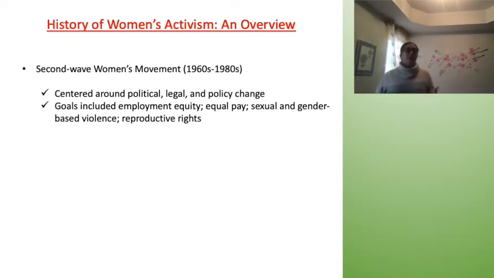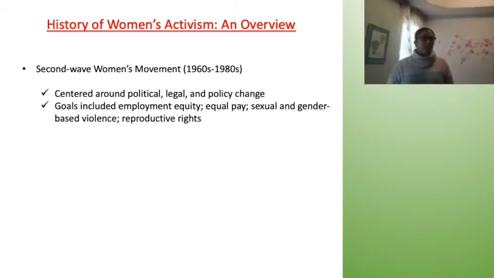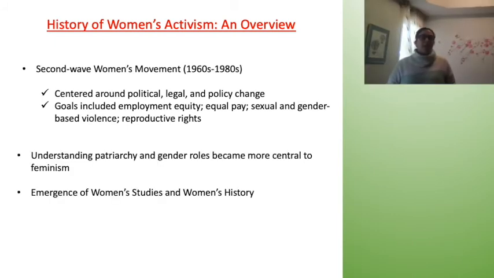And then the other big issue that was central in the second wave women's movement were issues related to reproductive rights, particularly access to legal and safe and accessible abortion. So those were some of the issues that women were coming together around and for in that second wave women's movement.